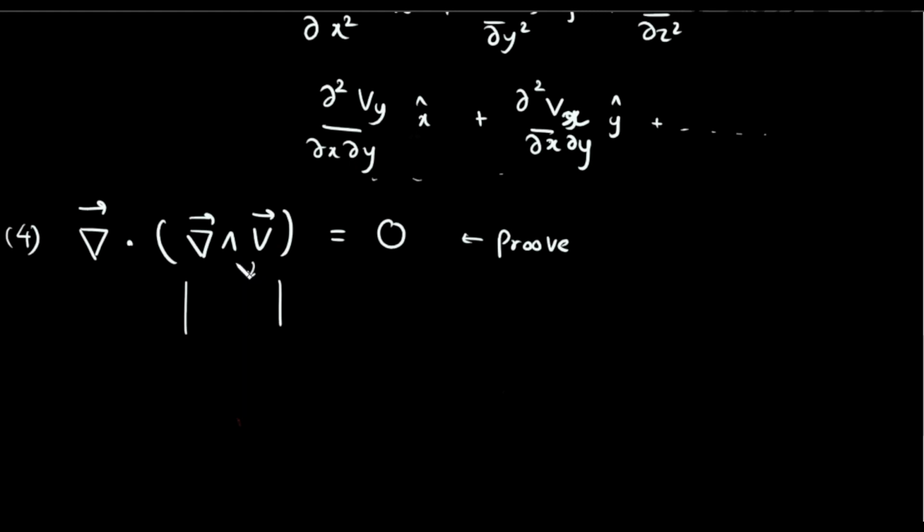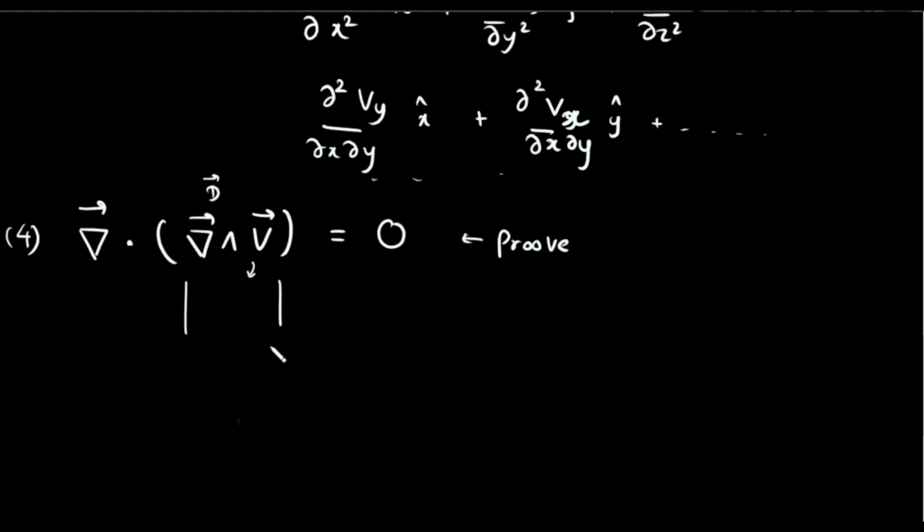You calculate the determinant of that matrix, and then there is a del operator again here. When you find the cross product between the del operator and the v vector, you will get another vector, let's say the d vector. Then you will have a scalar product between the del operator and the d vector. So you will get a scalar, and this scalar value is going to be 0. That is what you have to prove.